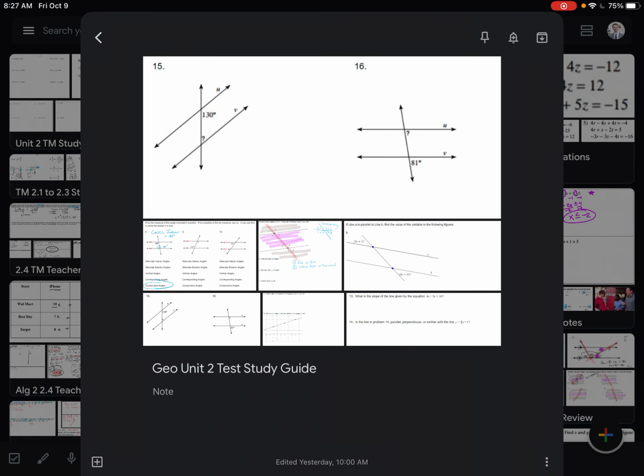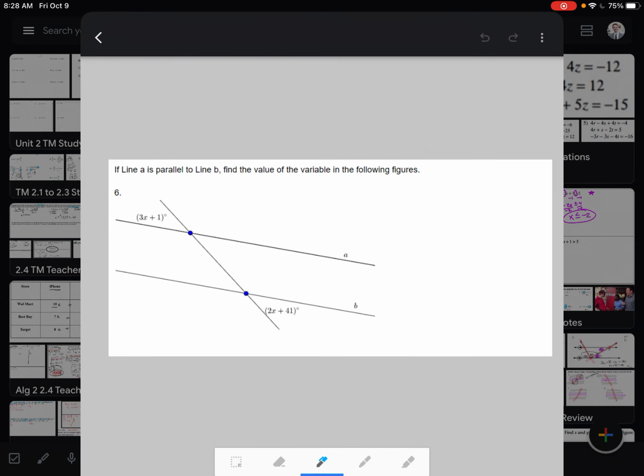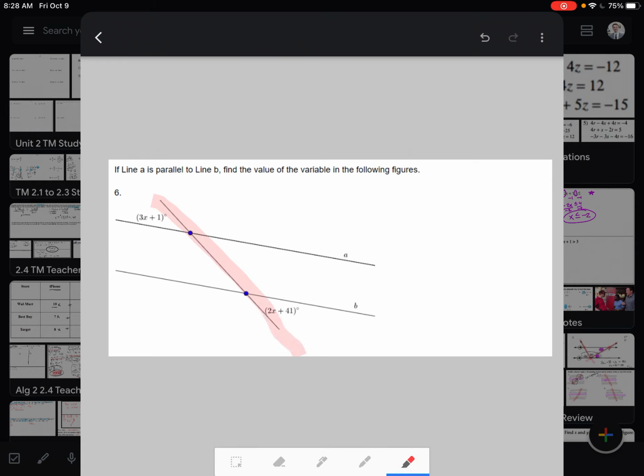All right, going on to our next one here. So we have some parallel lines again, and we can look and highlight this like we always do, seeing that we have our transversal in red, and then we have interior and exterior. So first, let's answer those questions. These are both exterior angles. Secondly, they are on different sides of our transversal.